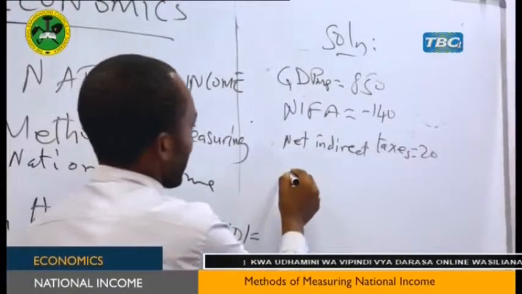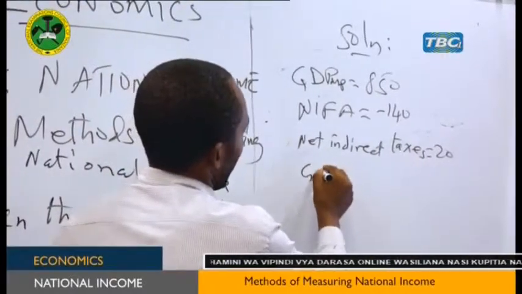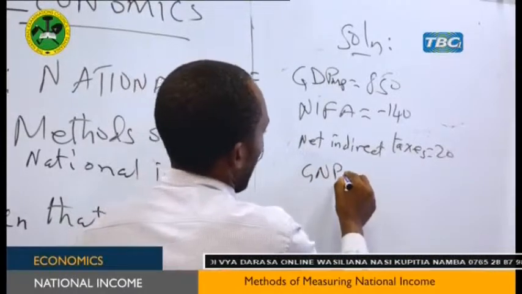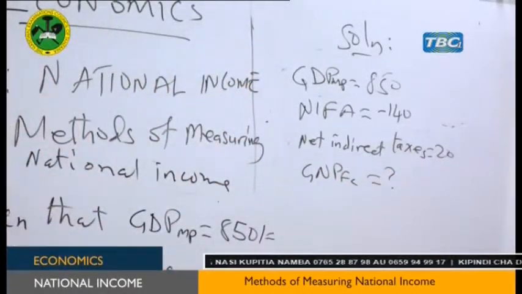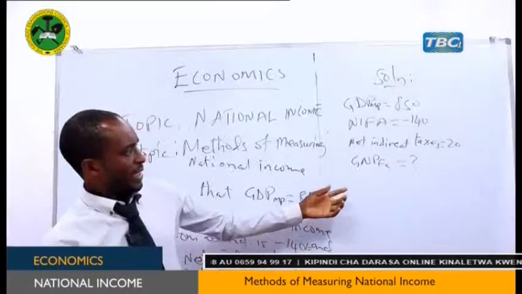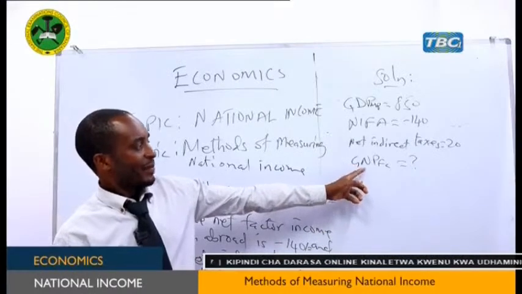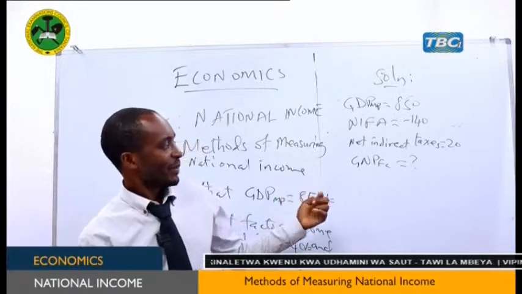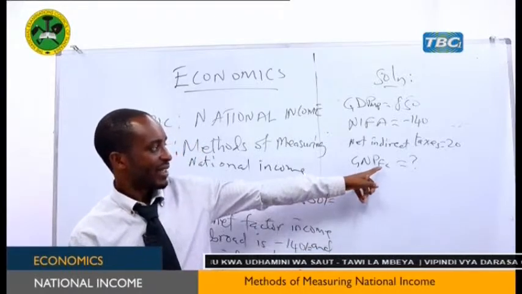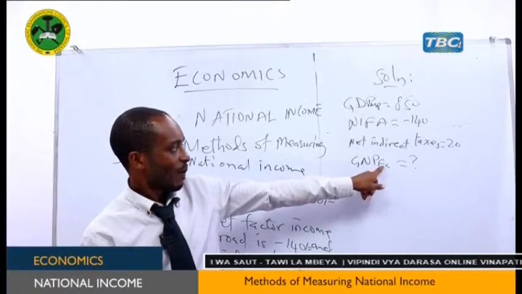But we are asked to calculate GNP at a factor cost according to the question. So since we are asked to calculate the GNP, first we need to calculate the GNP at a market price, since we are given GNP at a factor cost.